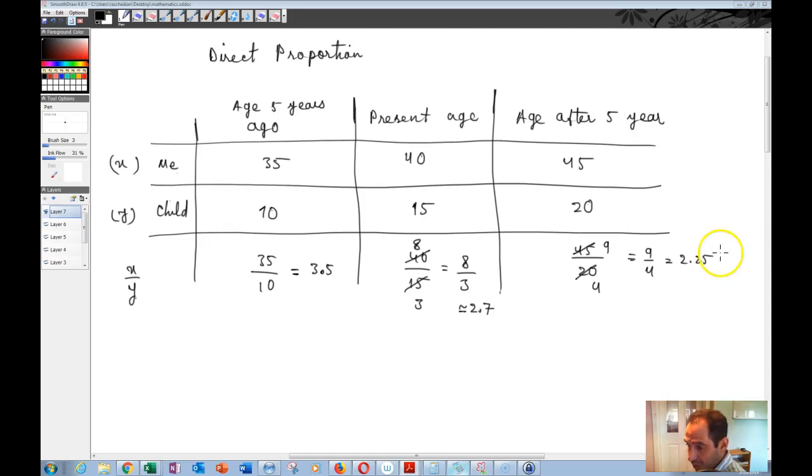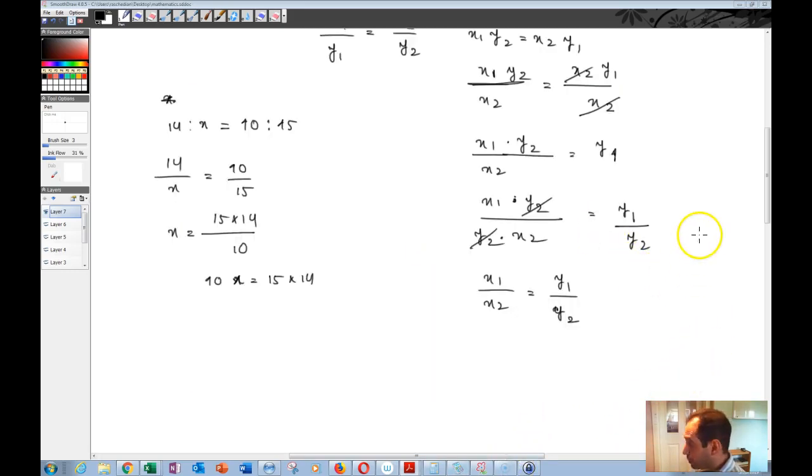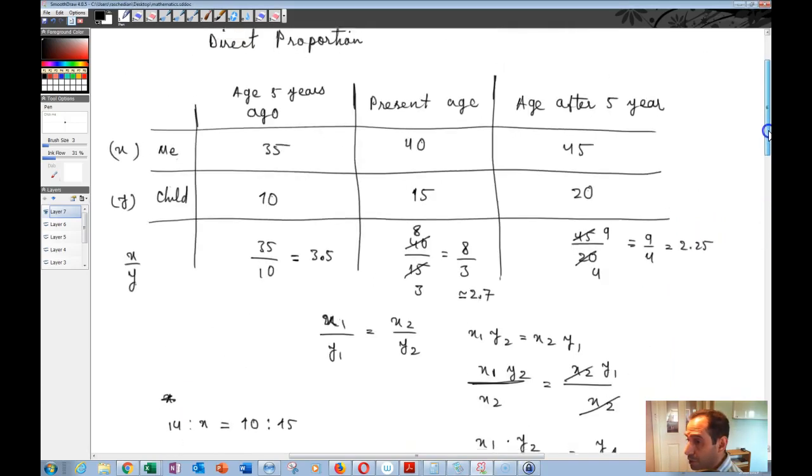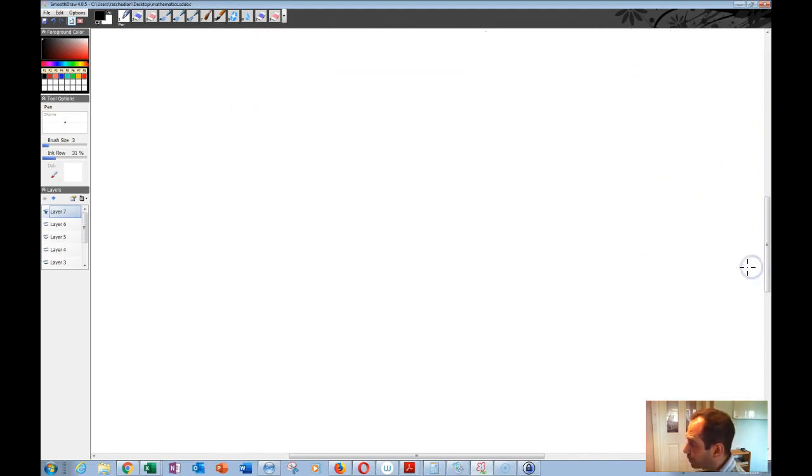So now let me pick a couple of good examples here. One thing which is important is the sugar example that we had.